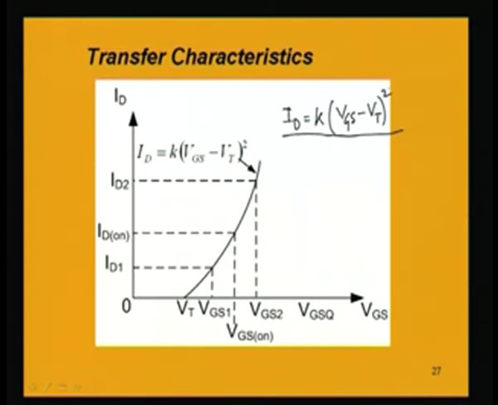We need more points in order to fit a curve. For that, one point will help us, which is the threshold voltage. When gate to source voltage is equal to threshold voltage, the current is 0.